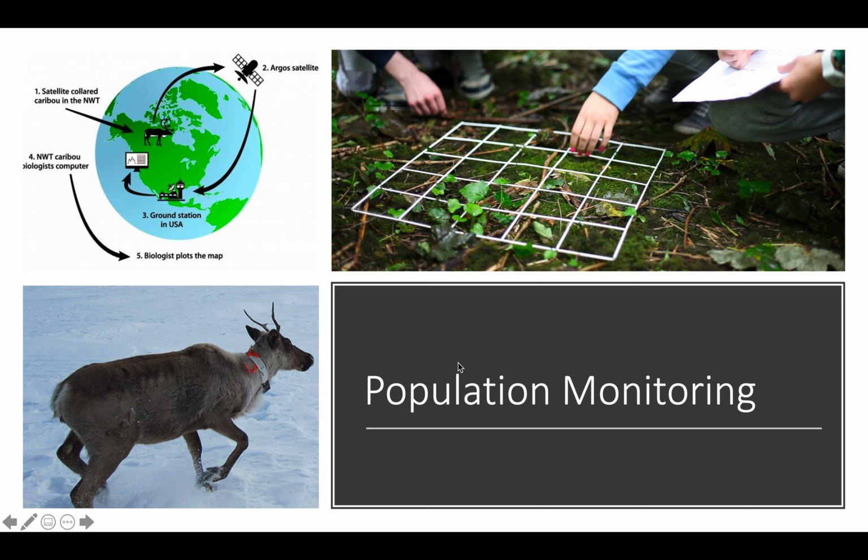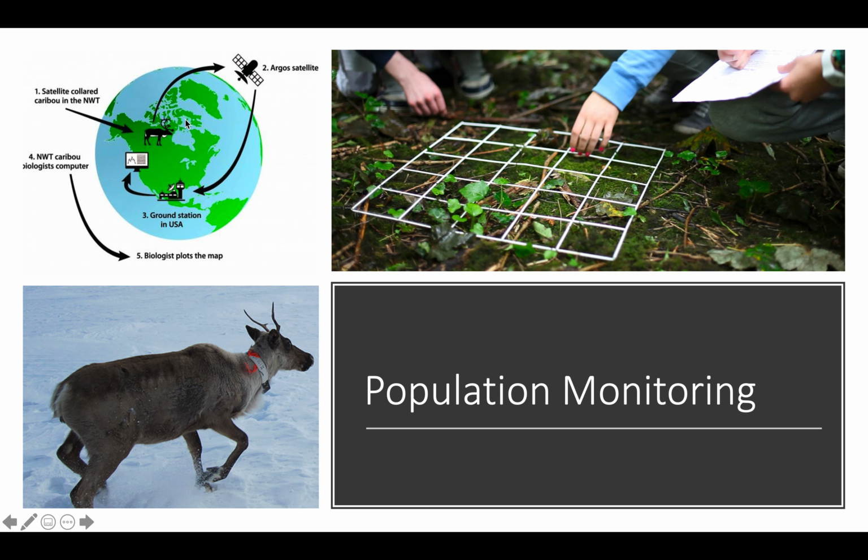So, for example, over here on this side of the screen, we have a caribou that's wearing a monitoring collar. These caribou are tranquilized in the wilds, and they have these remote collars put on them. And then there's a little bit of an infograph of what happens. The caribou is collared in the Northwest Territories using GPS.